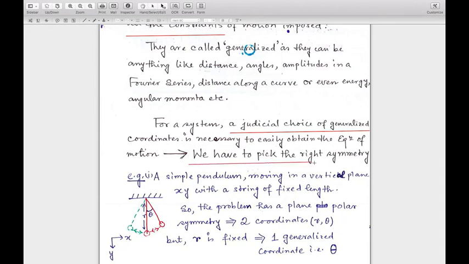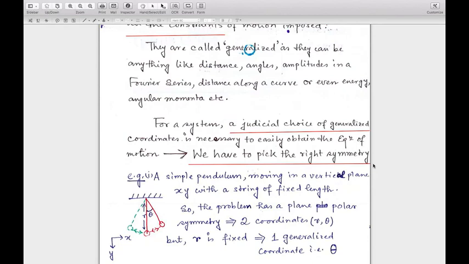So, how to really choose a good or useful set of generalized coordinates? We have to pick the right symmetry. For example, when we are talking about the motion of a conical pendulum in 3D space, of course the first thing which comes to our mind is the cylindrical symmetry. But when we are talking about a normal simple pendulum, we can think of a one-dimensional problem, which is simply a reduced problem of 2D plane polar coordinates with r constant, that we will see in a second.